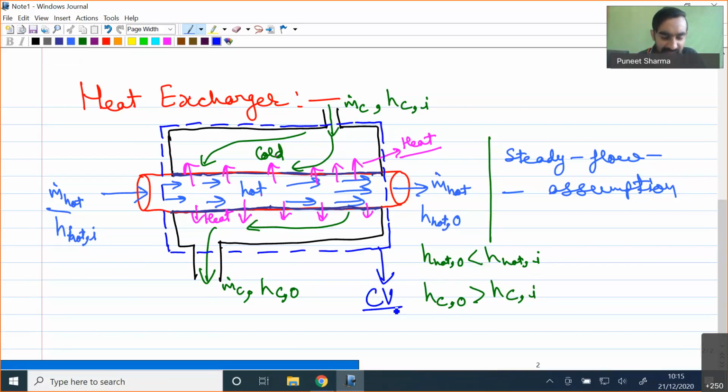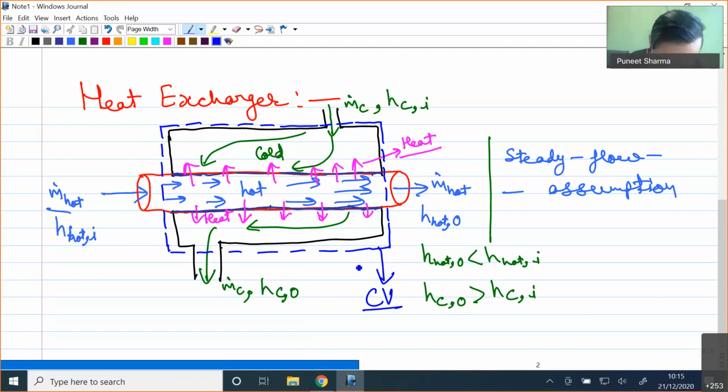Generally, in the case of a heat exchanger, we design the heat exchangers in such a fashion that we have only energy interaction between the hot and the cold medium, and there is no interaction with the surroundings.